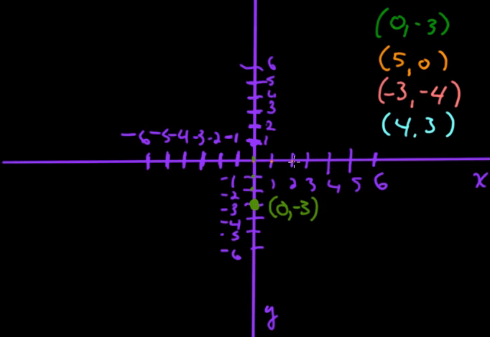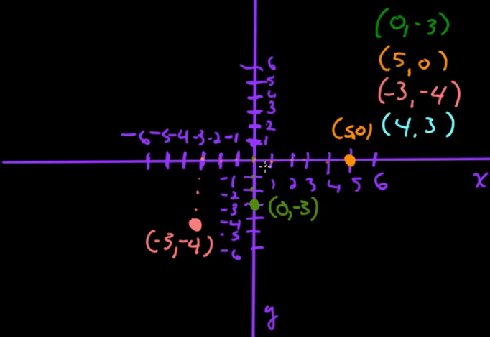So we go 1, 2, 3, 4, 5 on the x direction, and 0 on the y, and we draw our point. 5, 0. Now we want to go -3, -4. So 1, 2, 3. There's -3. 1, 2, 3, 4. There's -4. So we draw that point there. That's -3, -4.